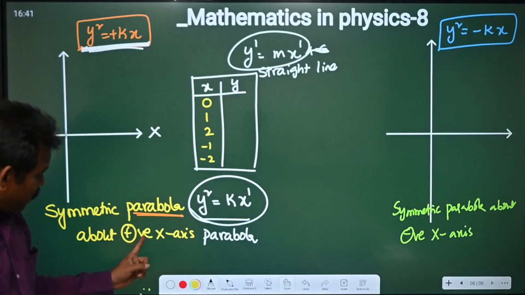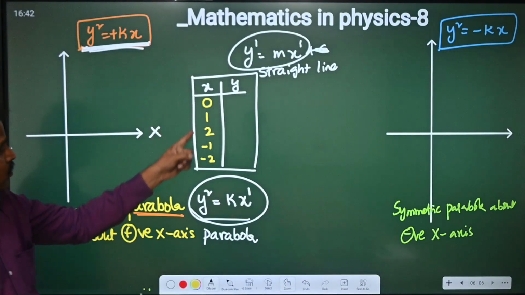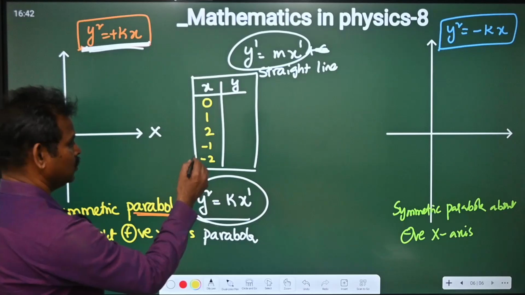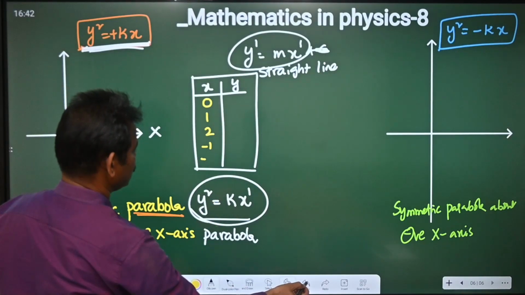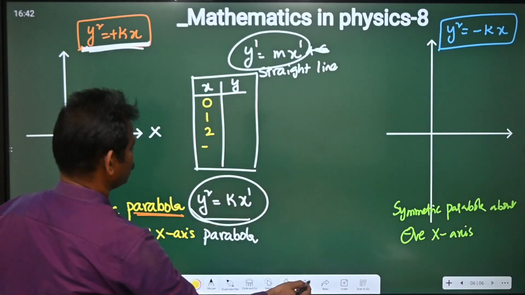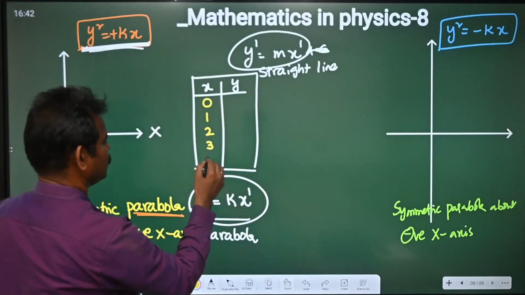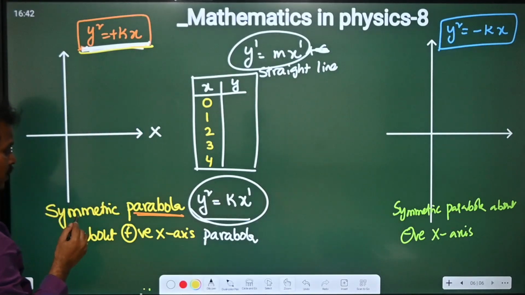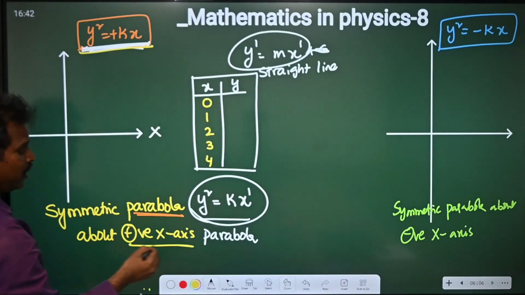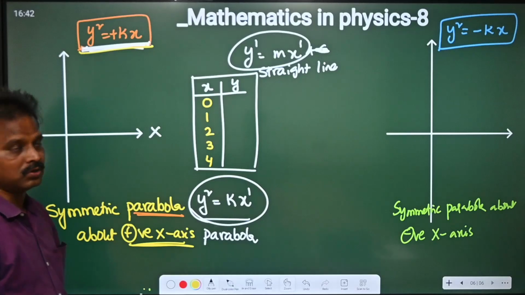As it is only about the positive x-axis, we have to take only the positive values. So let me take 3 and 4. Why? Because this is a symmetric parabola about the positive x-axis, so I have to take only positive values.